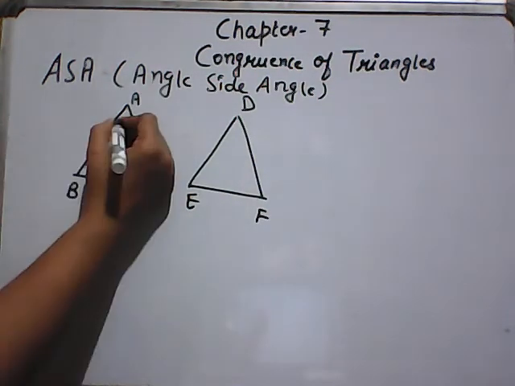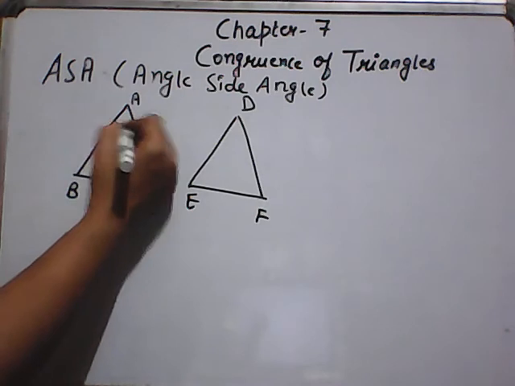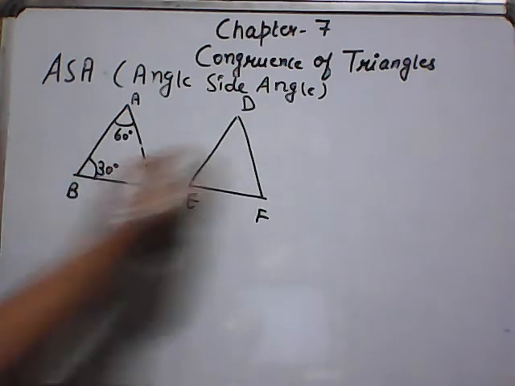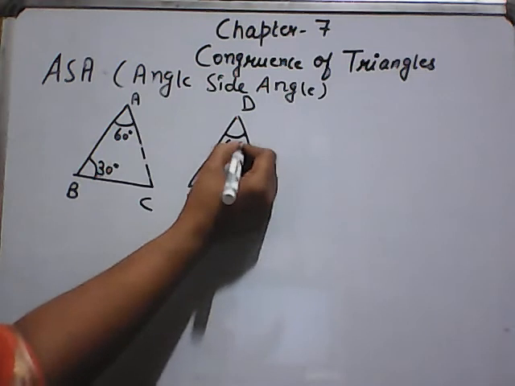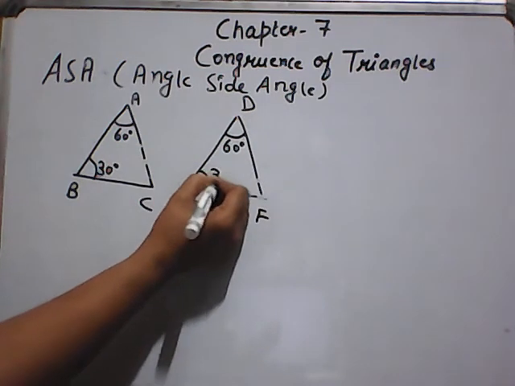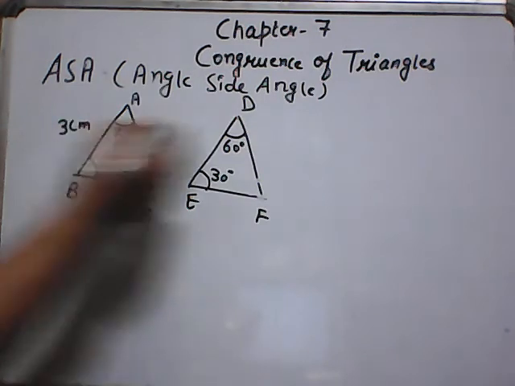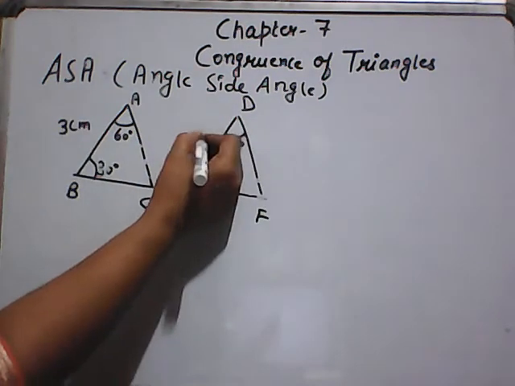Suppose angle A is given to you 60 degrees, angle B is given to you 30 degrees. Here angle D is 60 degrees, angle E is 30 degrees. The measurement of AB is 3 centimeters. The measurement of DE is also 3 centimeters.